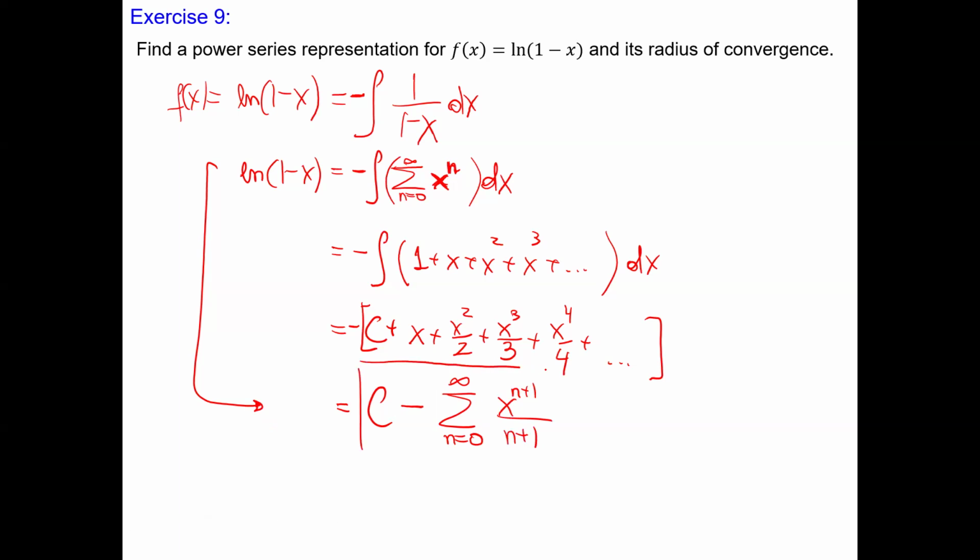This is the solution. Natural log of 1 minus x is defined as a constant minus the summation of x to the power of n plus 1 over n plus 1, the power series representation for the natural log.